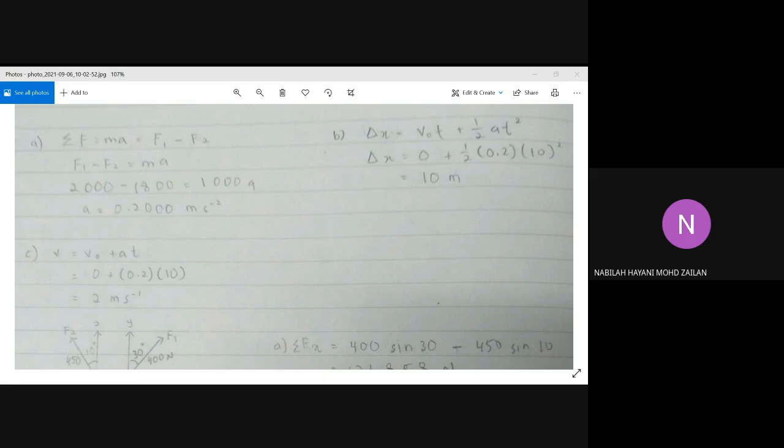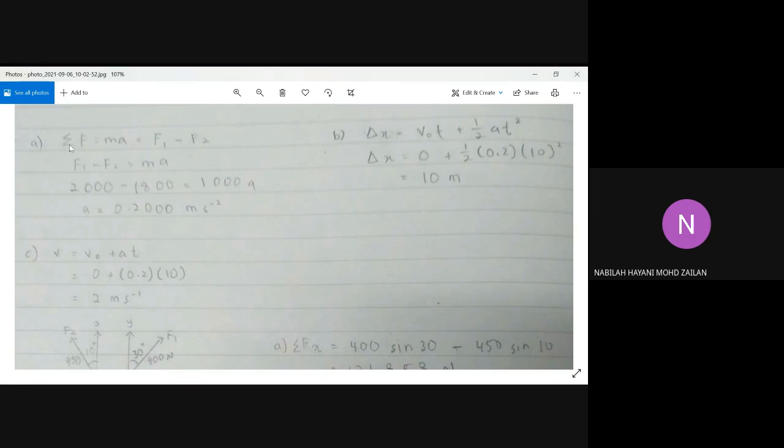Sorry. Wait. The question is, a boat moves through the water with two forces acting on it. One is a 2000 N forward pushed by the water on the propeller, and the other is a 1800 N resistive force due to the water around the boat. For A, what is the acceleration of the 1000 kilogram boat?